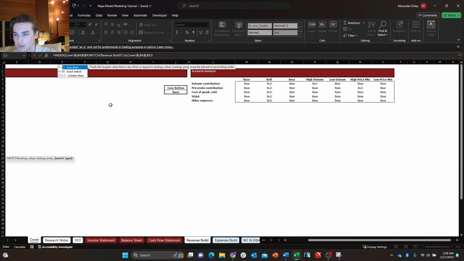Comma 0, close the parentheses, comma, one more match. Now what we want to do is match the button. So here, lock that with the possible scenarios. Lock that as well.